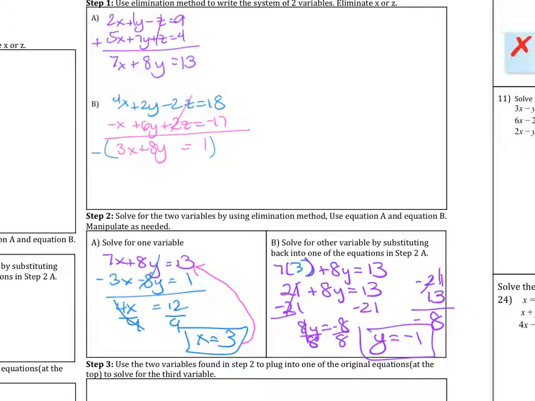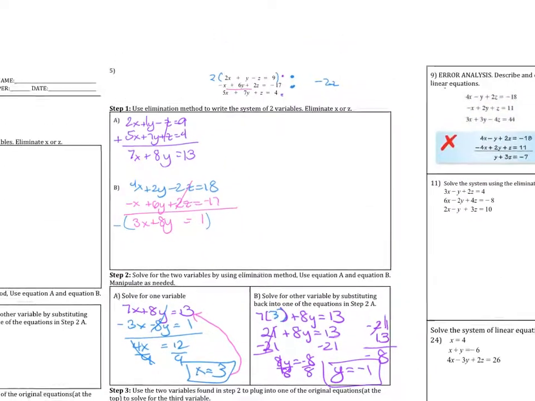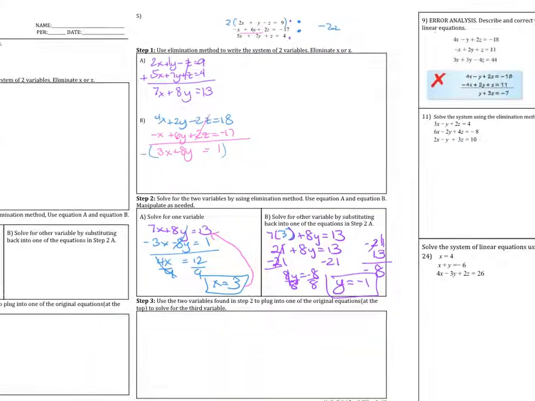So now that I have two variables, now I can plug it into my original system of 3. So I'm going to plug it into one of the ones on the top. And so I'll go ahead and plug it into the top equation. So 2 times x, which is 3, plus a negative 1, and then minus z equals 9.